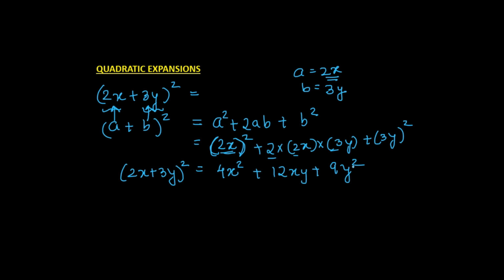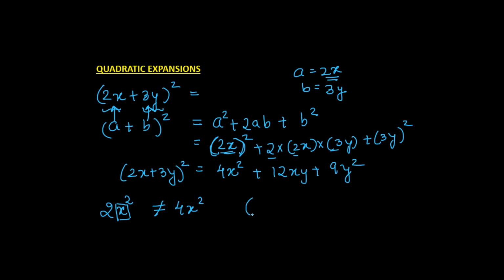I hope this much is clear. Now there is one important thing which needs to be noted, where usually students make mistakes: for a square they'll just write 2x square. What does 2x square mean? This is not equal to 4x square, please. This just means that we are squaring x. We are not squaring 2.